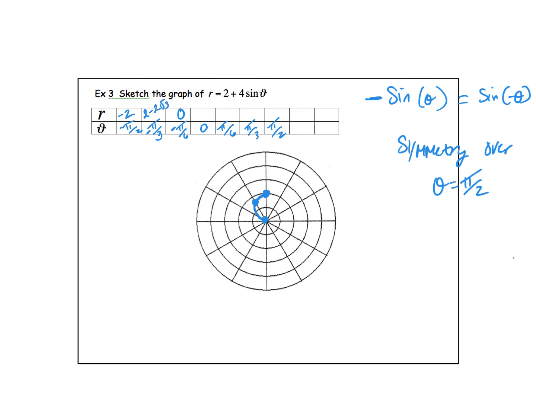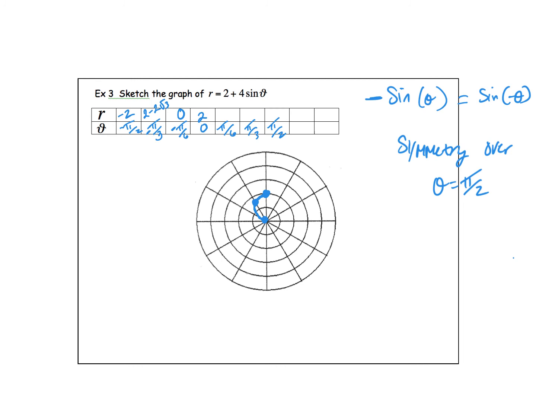There's no rigid lines, none of that. Then I can go to 0. Sine at 0 is 0, plus 2. So look at that, I'm back at the same point. That's where I can complete my loop, but I'm doing it in a little bit of a different order to get all of my points.